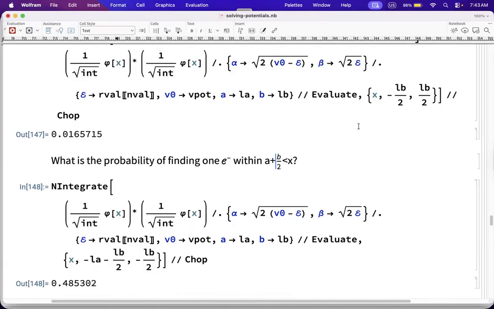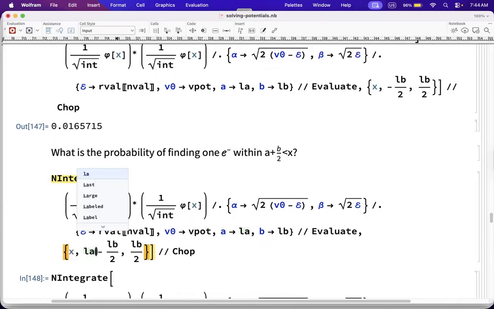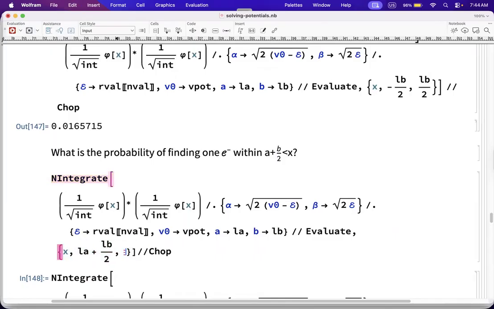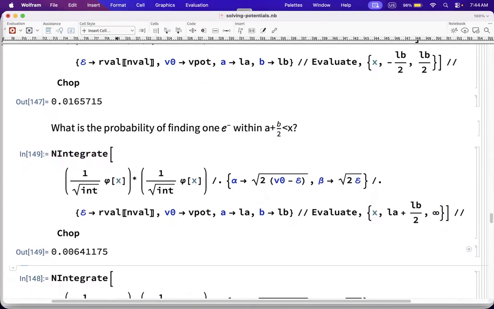So again, we are going to have the probability from LA plus LB till infinity. You see, it is this. It's non-zero, as you can see here. So the probability of finding the electron out in the right part of the potential is non-zero. So this is again barrier penetration, right? There is some kind of barrier penetration and so on.